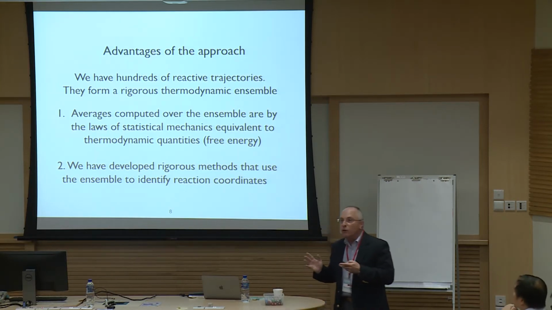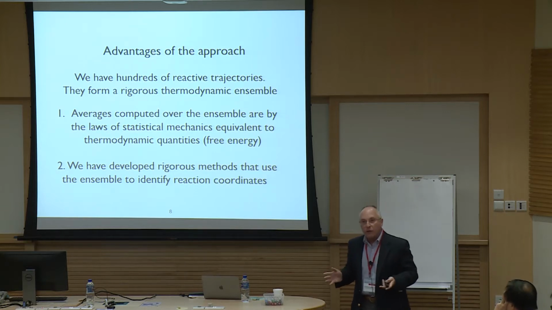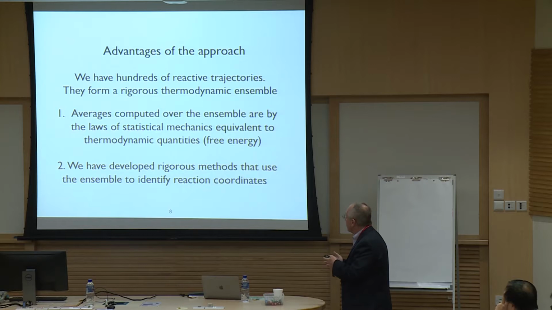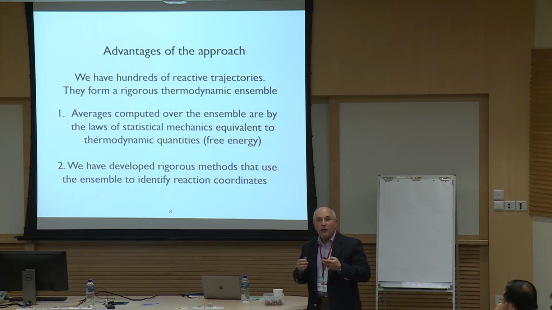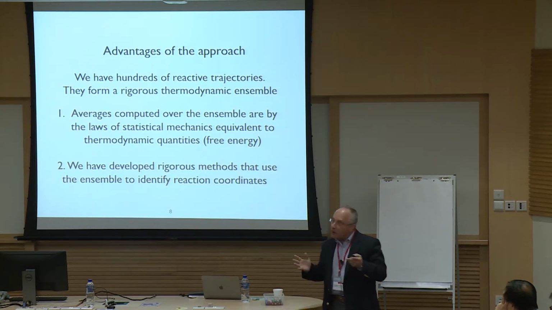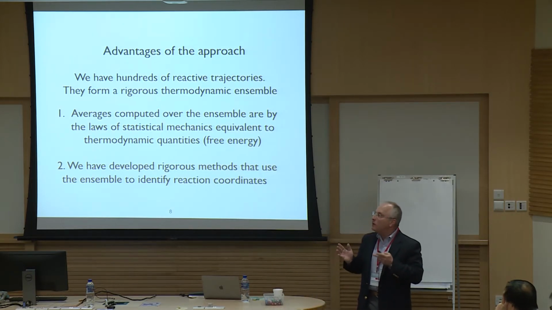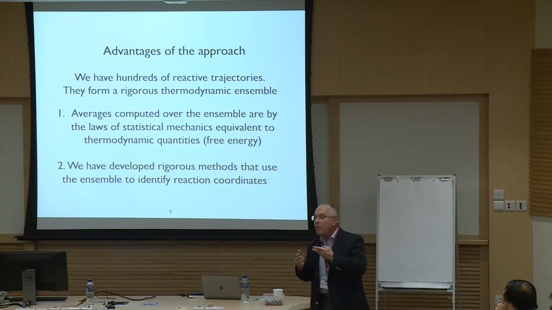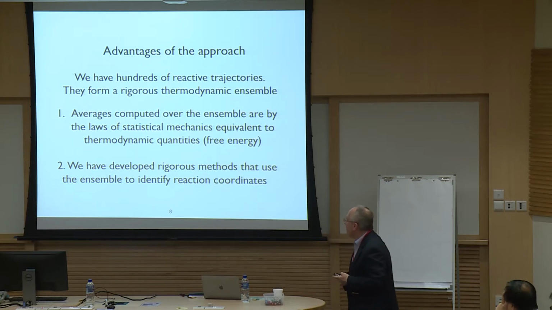As an example, if you use a canonical Metropolis acceptance criterion, you'll generate a canonical ensemble. The reason that matters is if you use these paths to actually compute values of any kind, say, of free energy, it, by the laws of statistical mechanics, should be the same as the actual measurable experimental free energy that you would find in a laboratory.